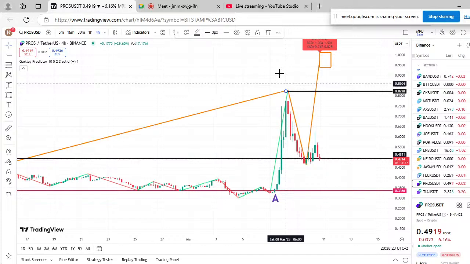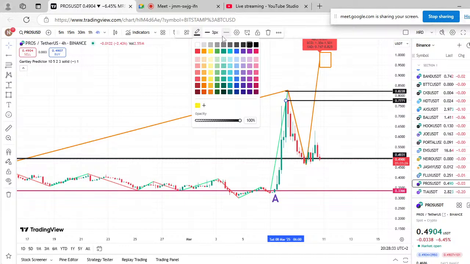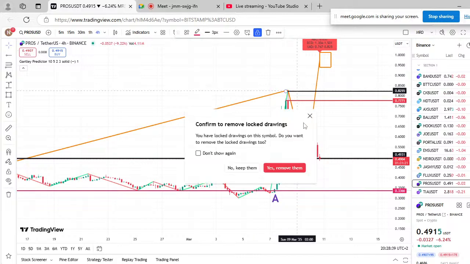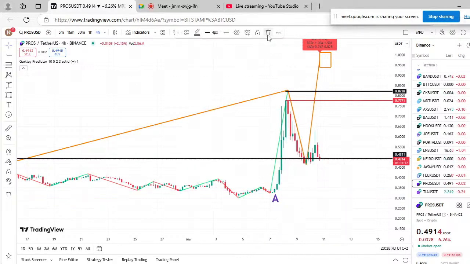Don't leave the meeting. We have the black line. We have this color that I'm going to put now. Let me make it red. And let me remove this, and even this one, go away.